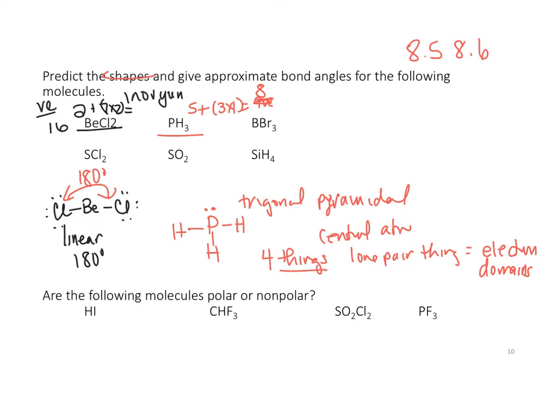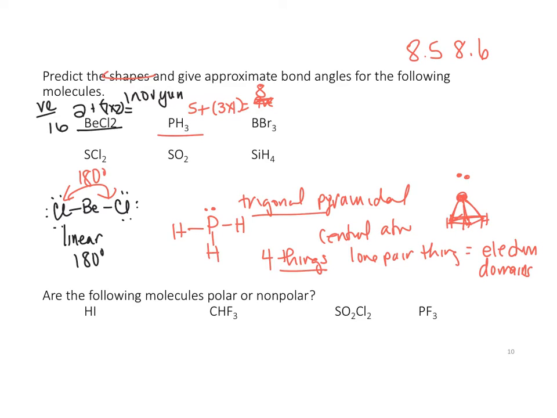So it's going to push, like the phosphorus, this is your P, it's going to make a pyramid. The lone pairs take up the most space. This is trigonal because there are 3 hydrogens there, right? And so it's trigonal pyramidal.